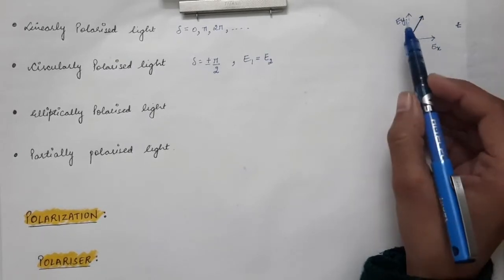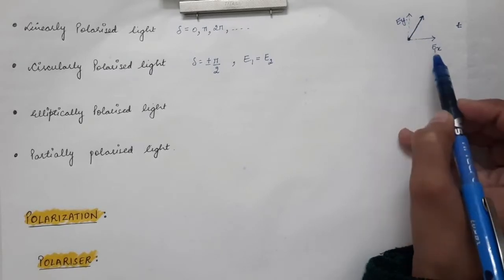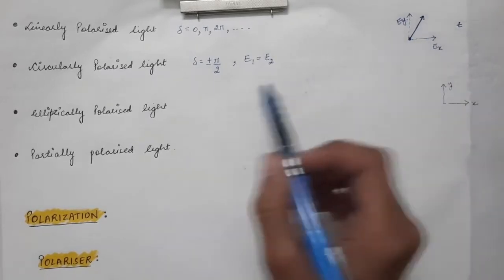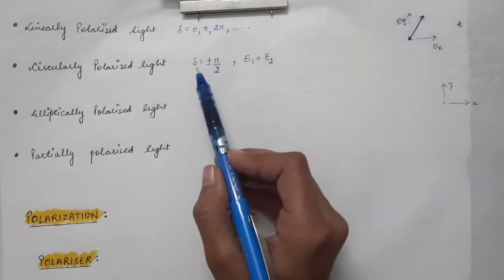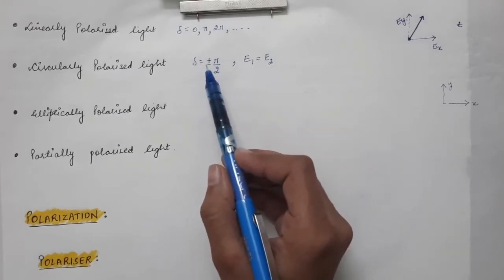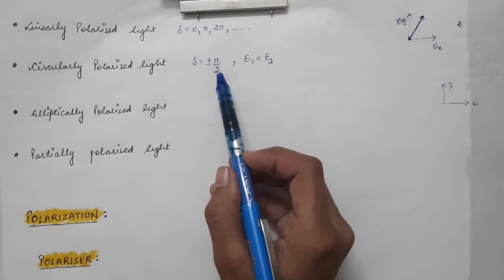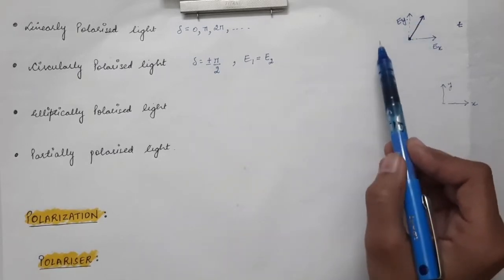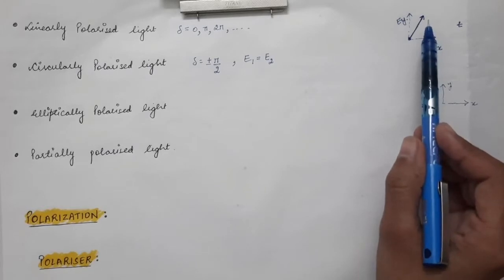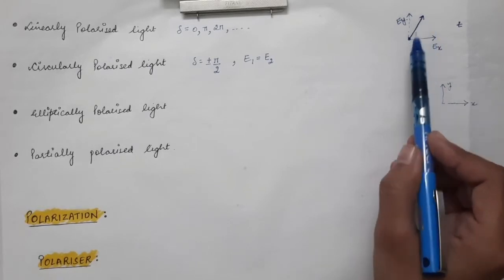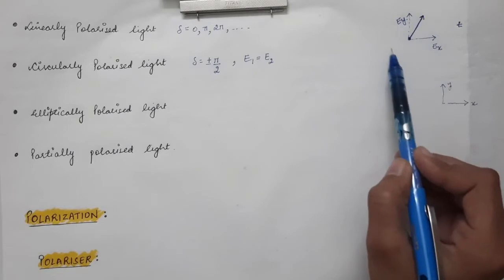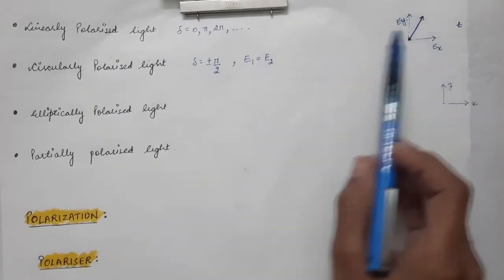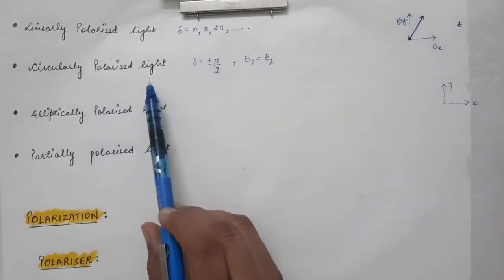So E1 and E2 are the amplitudes of these two orthogonal electric fields. If E1 is equal to E2 and the phase difference is equal to plus minus pi by 2, then the resultant electric field will rotate periodically in the form of a circle. The tip of the electric field will draw a circle, so it will generate circularly polarized light.